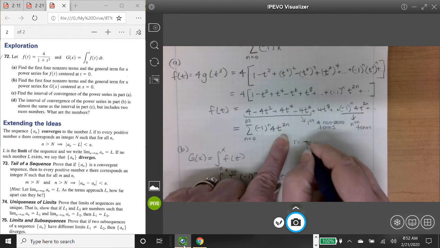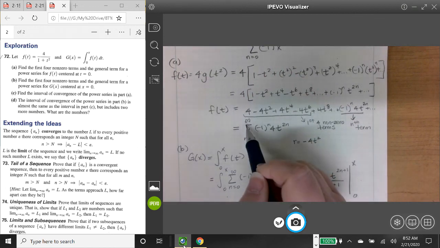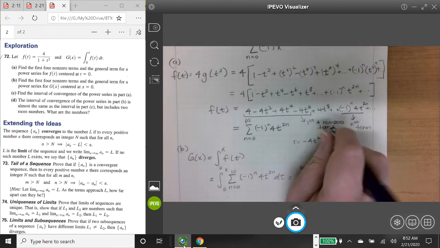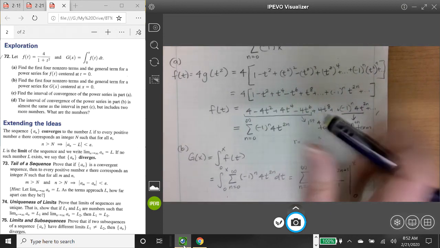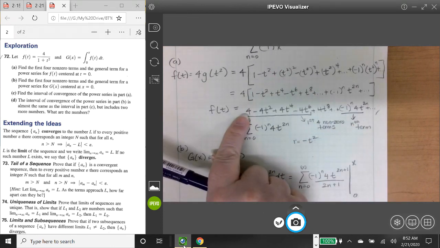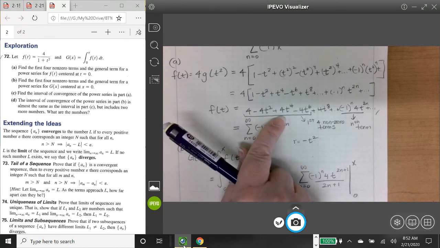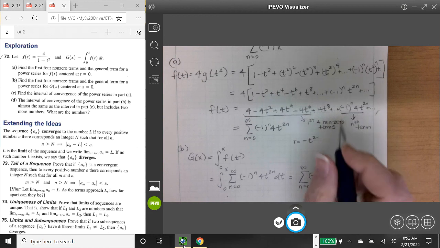It's just negative t squared, because if I multiply 4 by negative t squared, I get the next term. If I take negative 4t squared and multiply it by negative t squared, I get 4t to the fourth. So this here is my r.